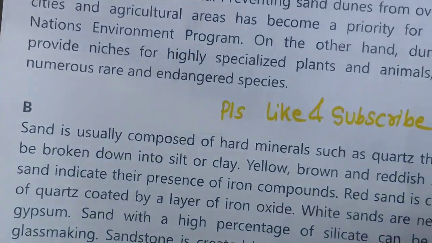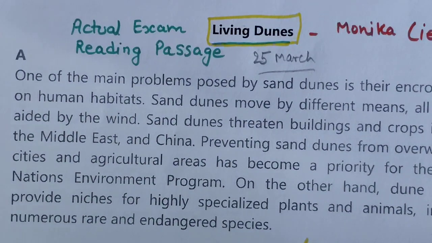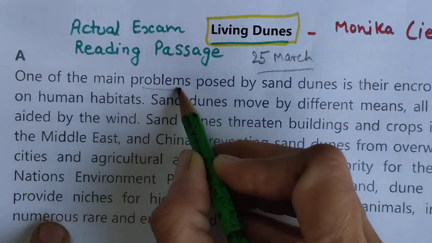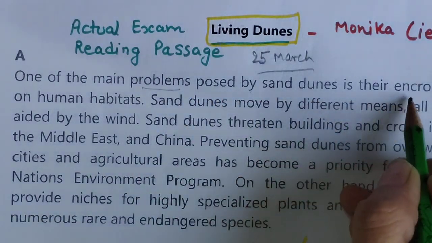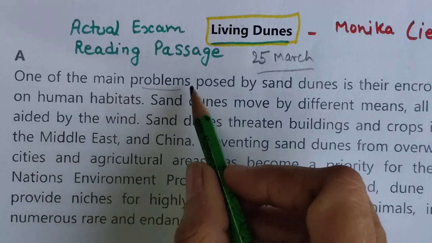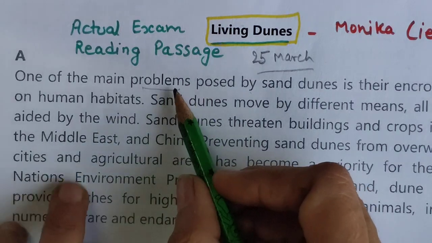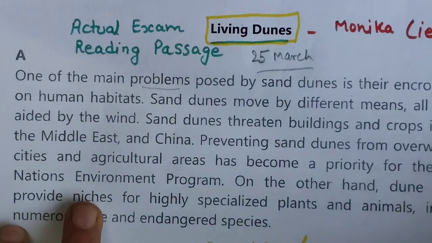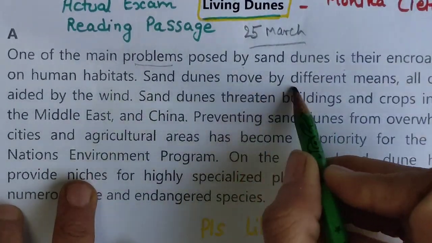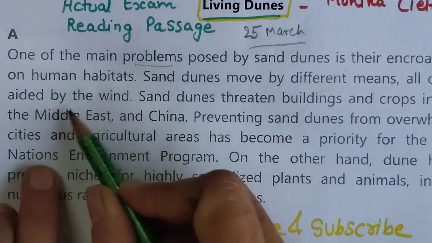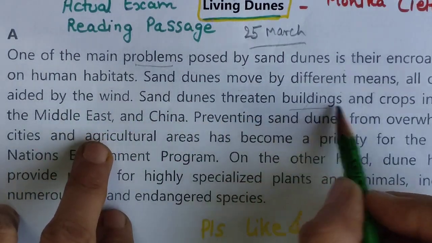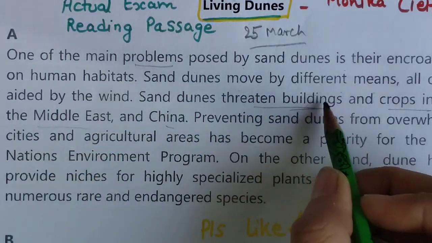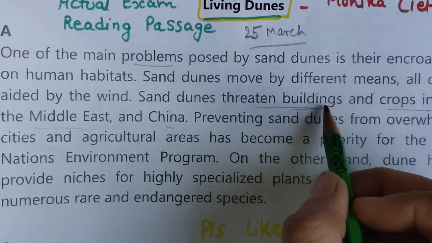Coming to the first, paragraph A: one of the main problems posed by sand dunes is their encroachment on human habitats. Sand dunes may move by different means, all of them aided by wind. Sand dunes threaten buildings and crops in Africa, the Middle East and China. So buildings kind of thing was there in one heading.